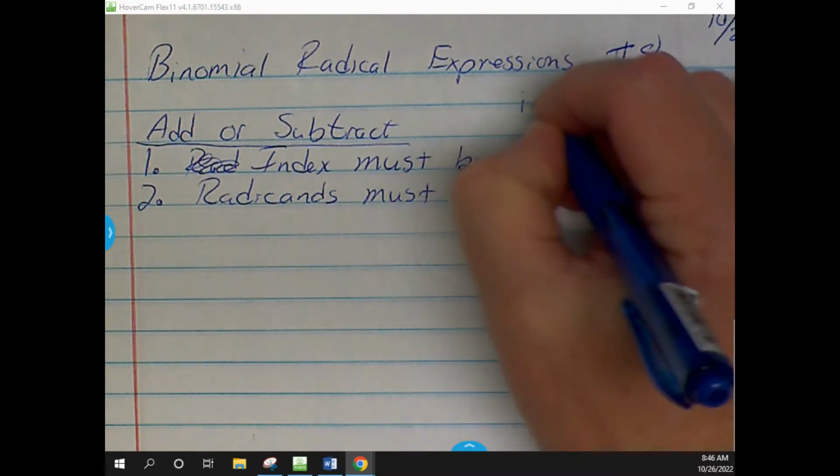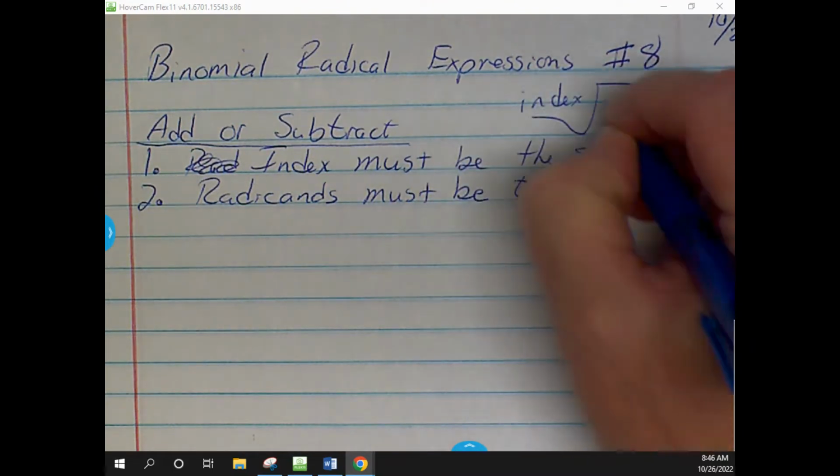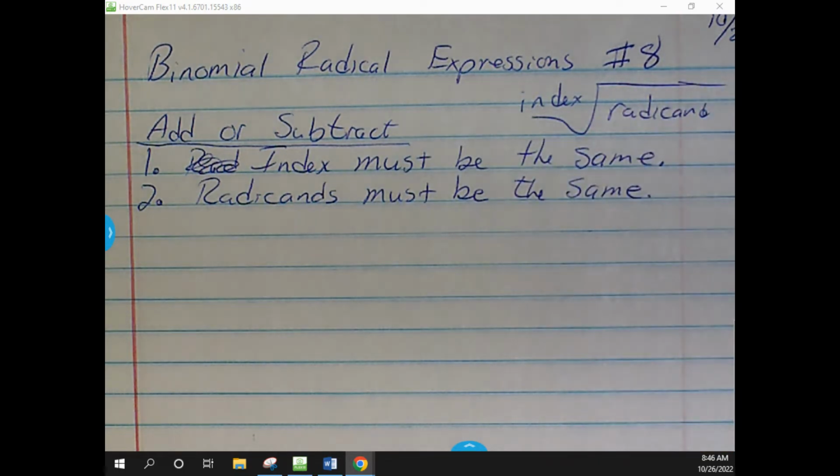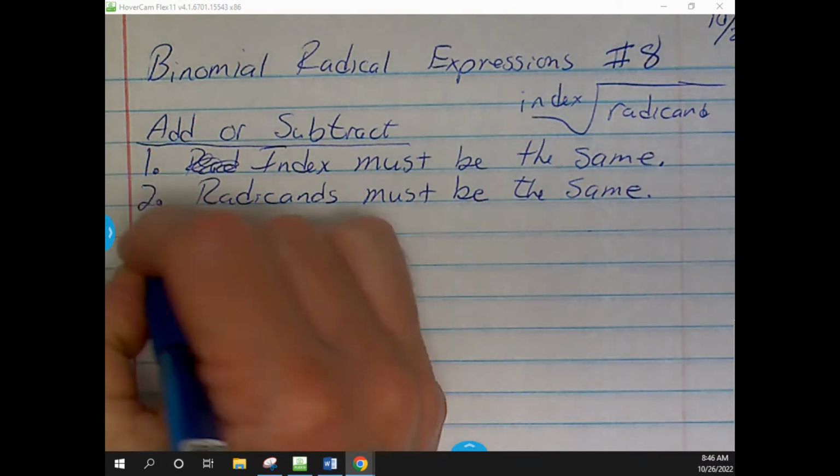So again, if you think about what we did yesterday, this was our index and this is our radicand. First off, the index has got to be the same. If the indexes are different, you're done. Everything else is after that. Radicands must be the same. If the radicands are different, we'll talk about what we'll do after that.